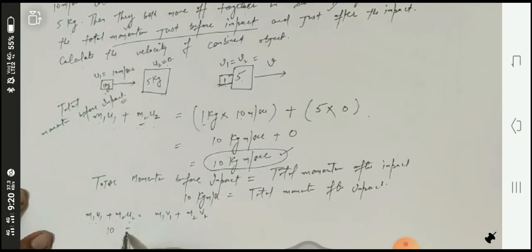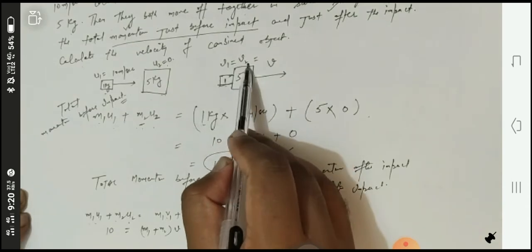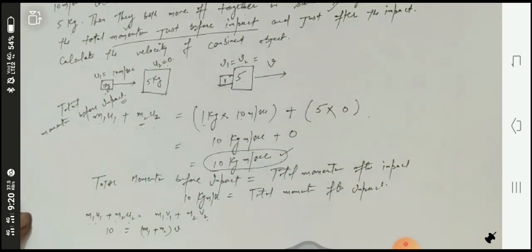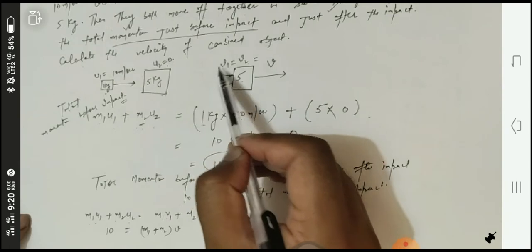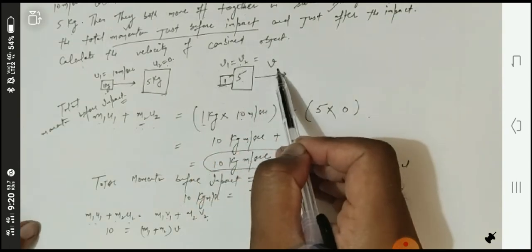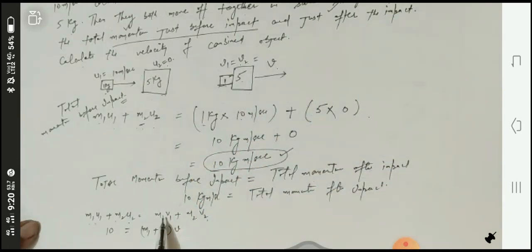That will be equal to m1 plus m2, because v1 and v2, according to the question, both move with the same velocity now. So v1 and v2 are both v, right? From both the terms, common is v.